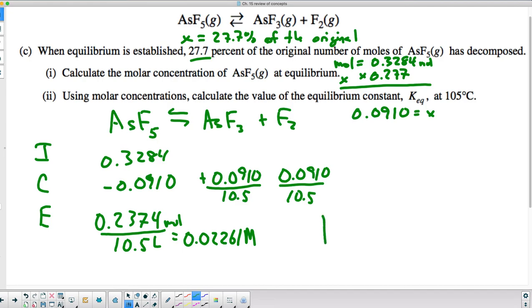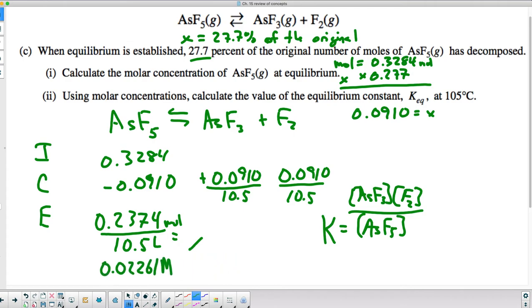Because my K value is going to be whatever these two are, AsF3 and F2, like that, all over AsF5. Now, I need concentrations for my K to work, so I need to divide these two to get concentrations here. I'm going to move this one down below so I have room for this.